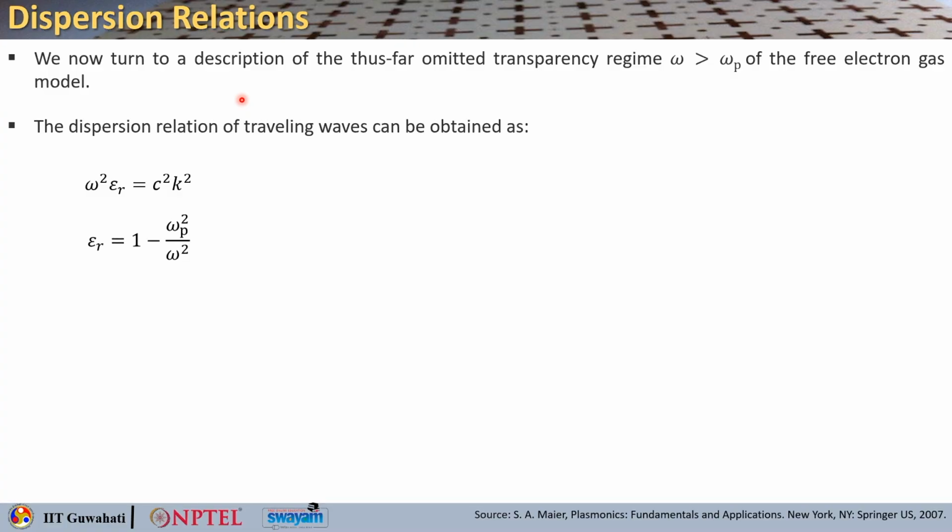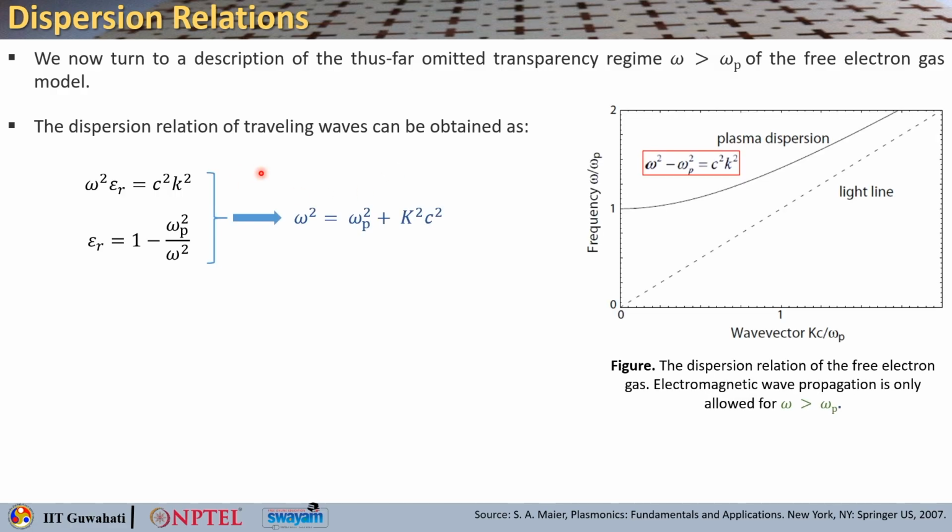Now, if you turn to a description of the transparency region, which is at a frequency much larger than the plasma frequency of the free electron gas model, you will see that the dispersion relation of the travelling waves can be obtained as omega square epsilon r equals c square k square.